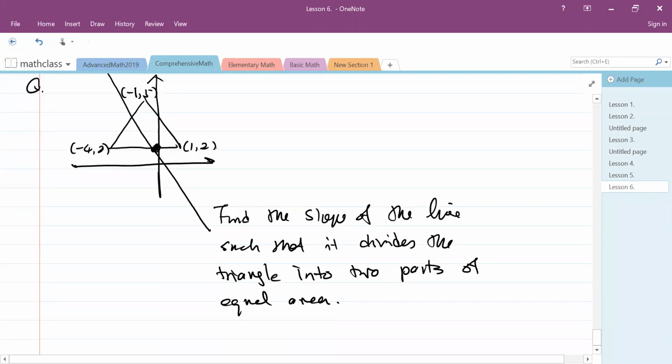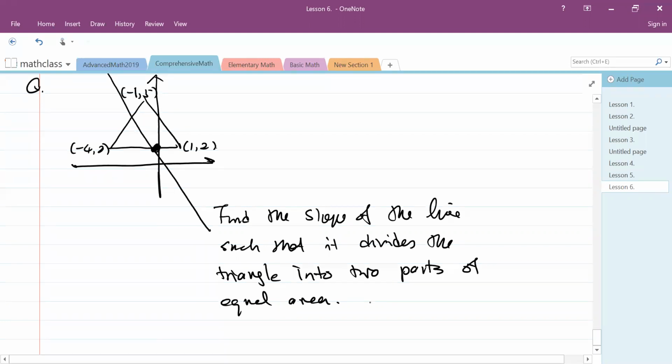To solve this problem, you can figure out the equal area because the height of the triangle is 3. The base length is going to be, yeah, it's a fraction, okay? So from -4 to 1 is a 5. From 2 to 5, 3.